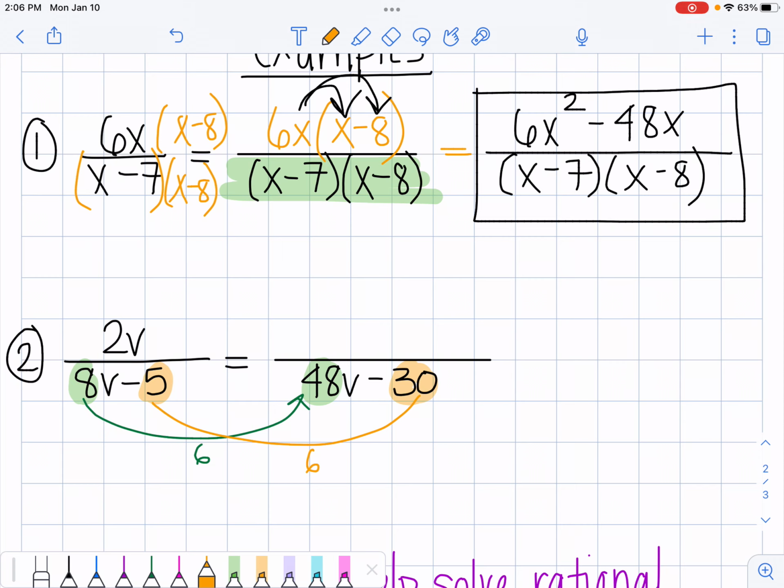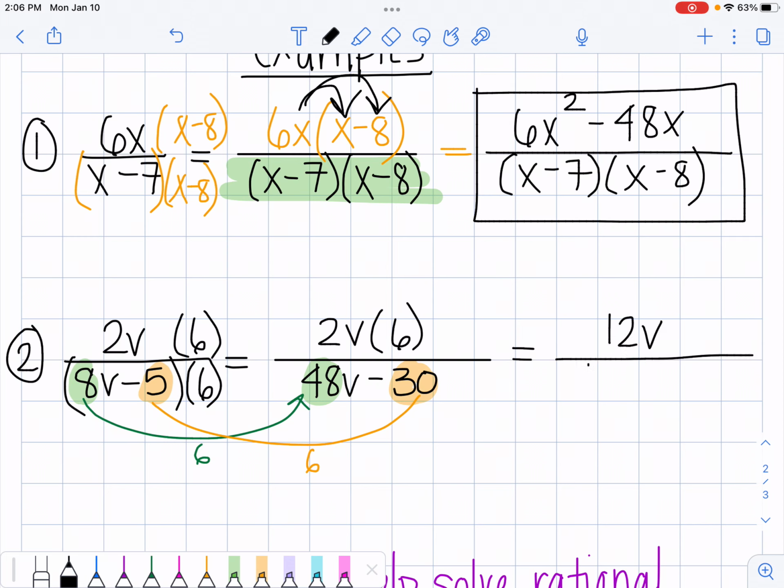Good, they should be the same. So I took everything on the bottom and multiplied by 6. That means I have to multiply everything on the top by 6. So 2v times 6, multiplied out, gives me 12v over 48v minus 30. This would be your final answer.